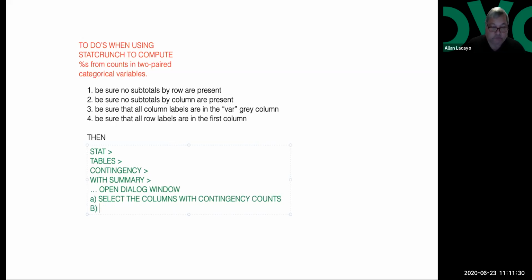B, select the row labels. And C, select which percentages to display.